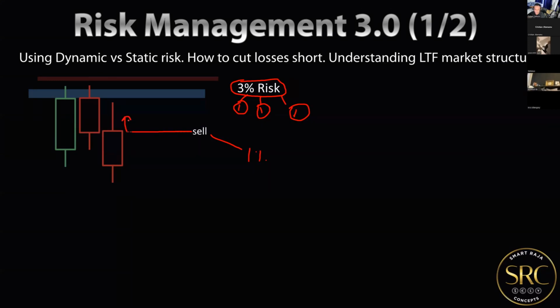And as price is retracing, I know price is going to go down, and as long as this candle does not break the high of the previous candle, I think the sell should still be valid. So you say, okay, I'm going to add another sell, which is going to be 1%, right? Now, total, you have 2% risk running.